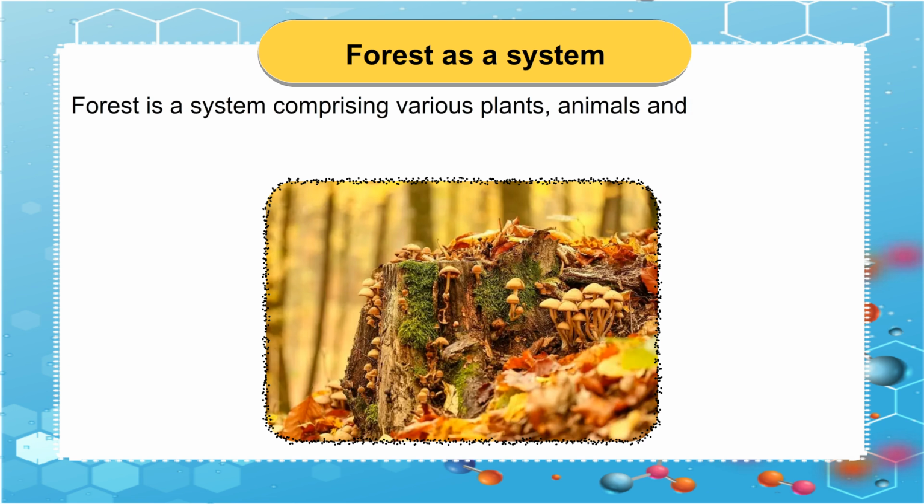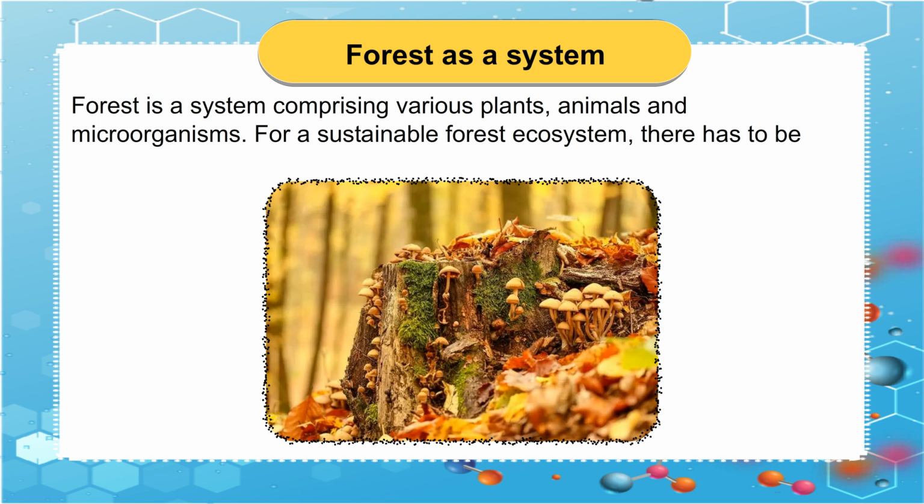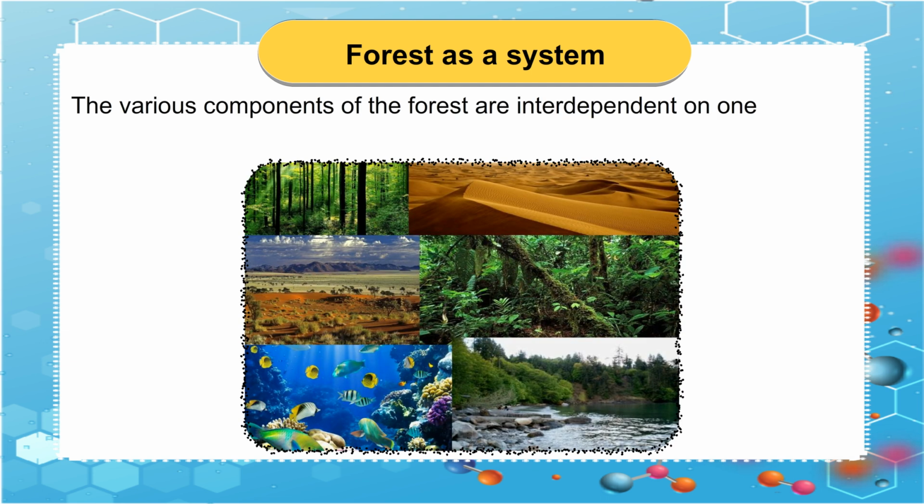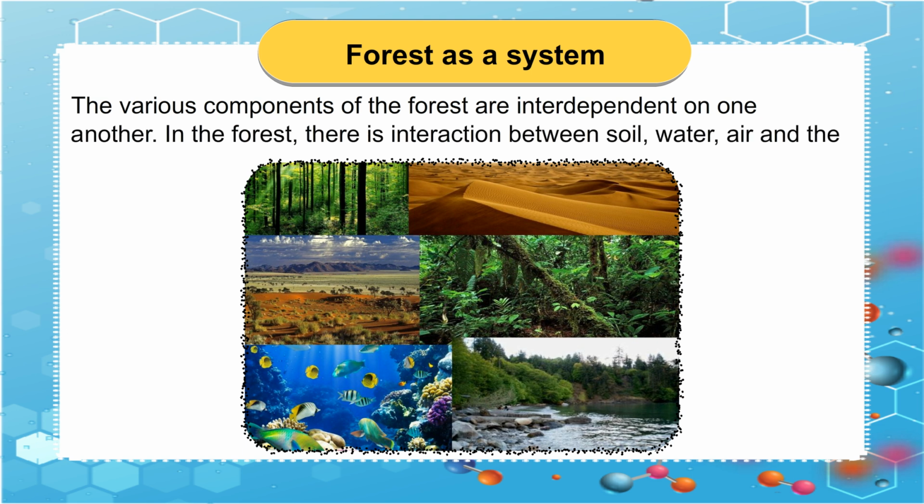Forest as a system. Forest is a system comprising various plants, animals and microorganisms. For a sustainable forest ecosystem, there has to be variety of animals and plants in a forest. The various components of the forest are interdependent on one another. In the forest, there is interaction between soil, water, air and the living organisms.